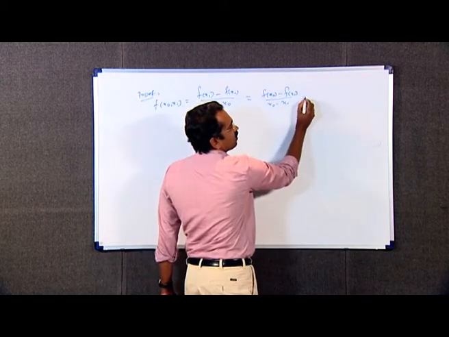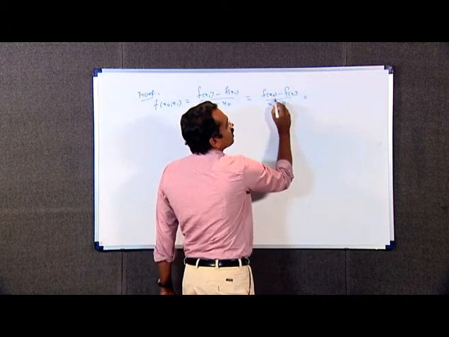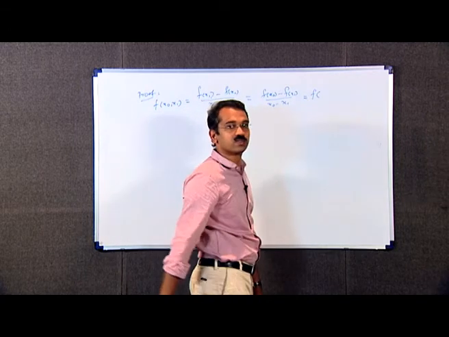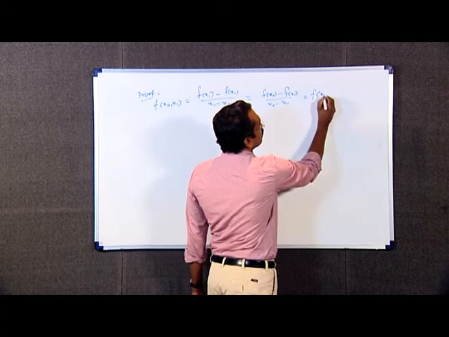By definition of divided difference, we can write this as first divided difference between the arguments x1 and x0.